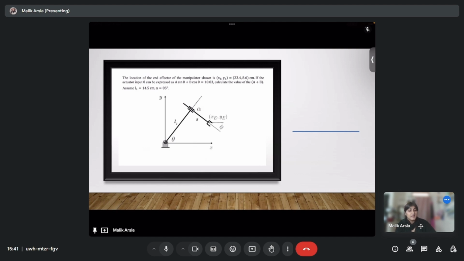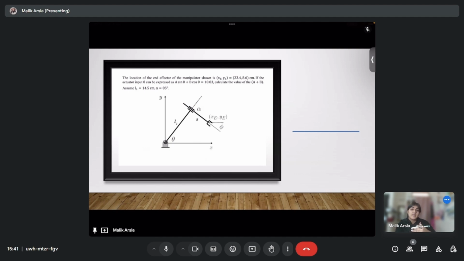Even the equation will be similar, only the coefficients will be different because L1 length is maybe different, and alpha is different.